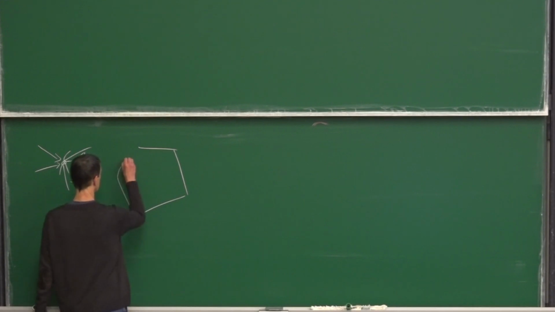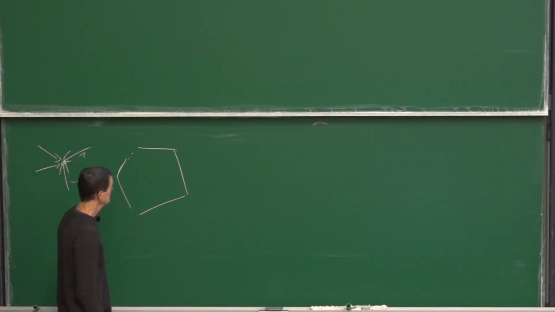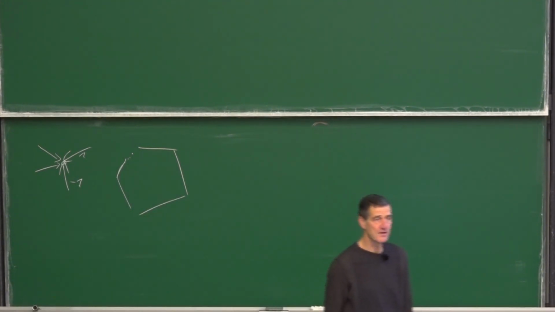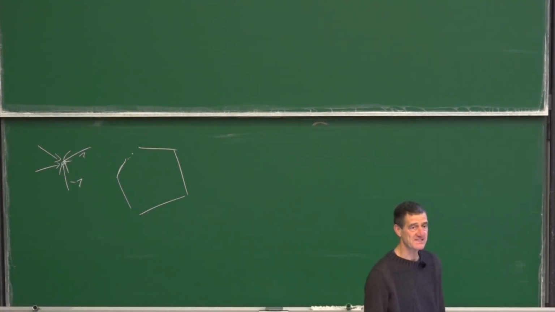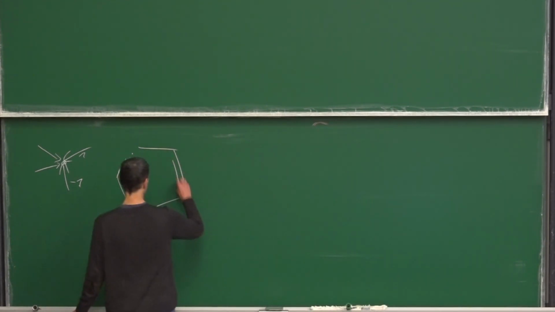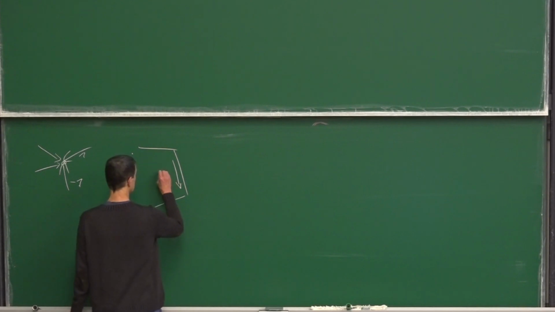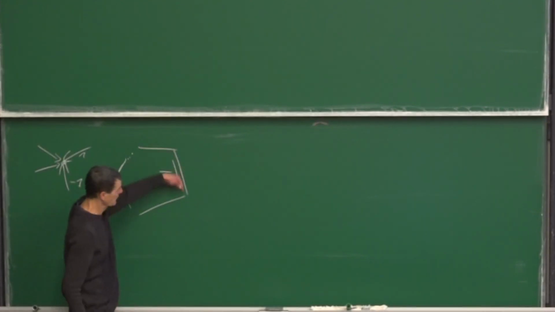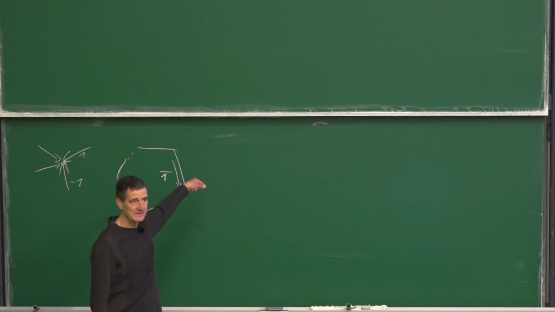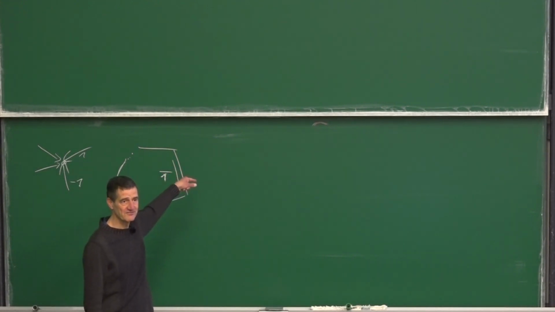So let's look at a cycle. And once more, instead of a 3 flow, let's assume that it has a Z3 flow. So if we have, say, 1 mod 3 flowing through this edge, that assumption does not entail any loss of generality, right?